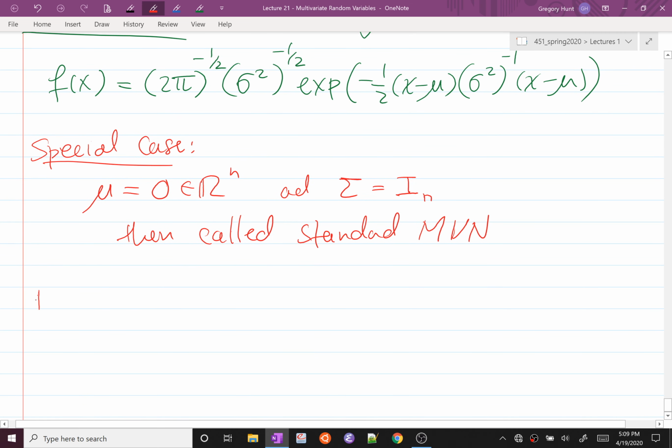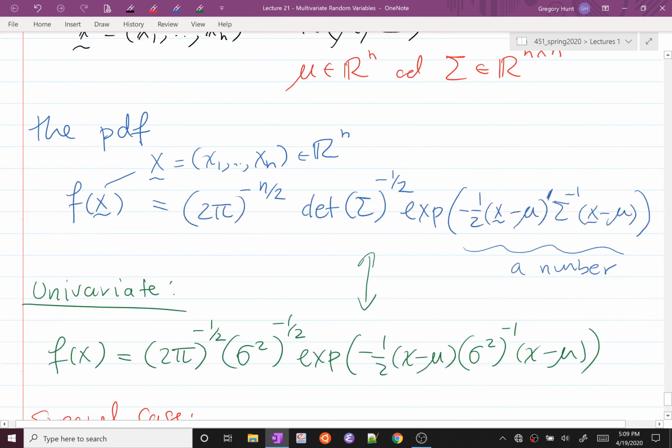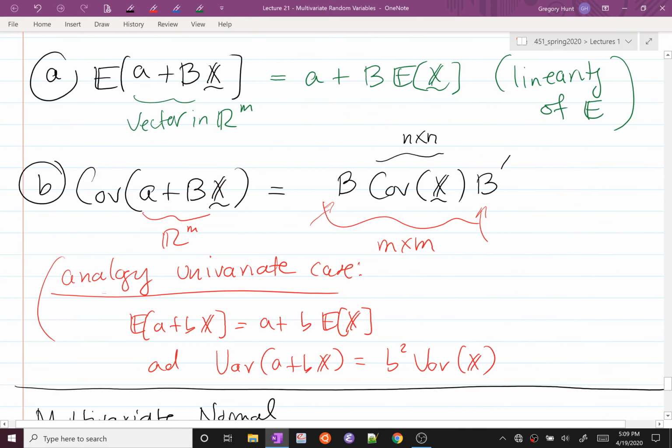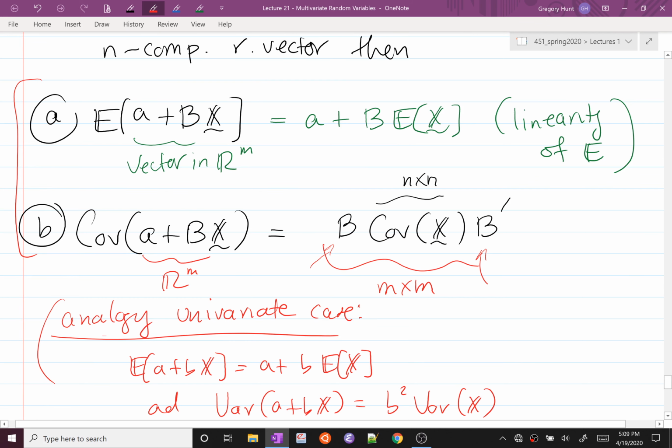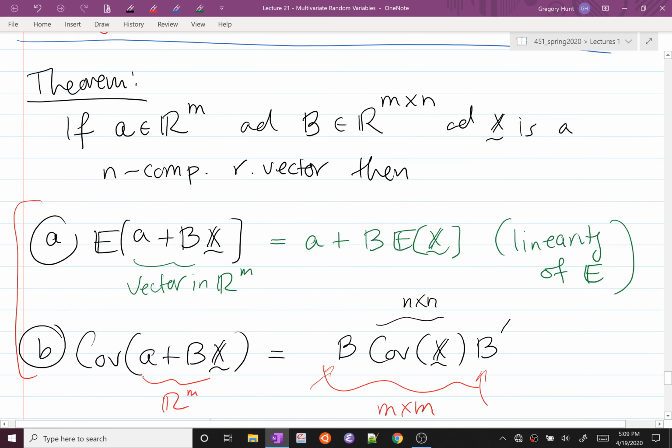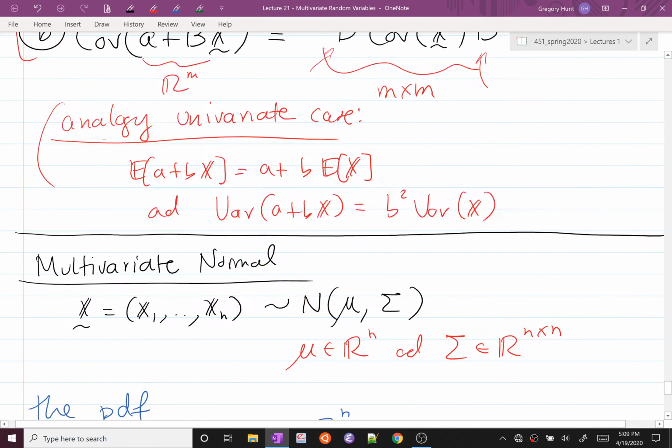Some other kind of cute theorems. If you go back up, we had talked about this theorem about how we get the mean and the variance of a linear transformation, right? Ax plus b is a linear transformation. Matrix multiplication is linear.